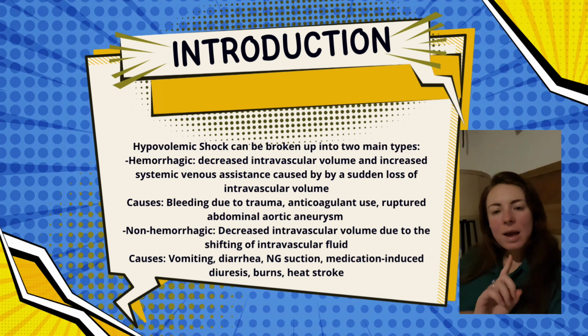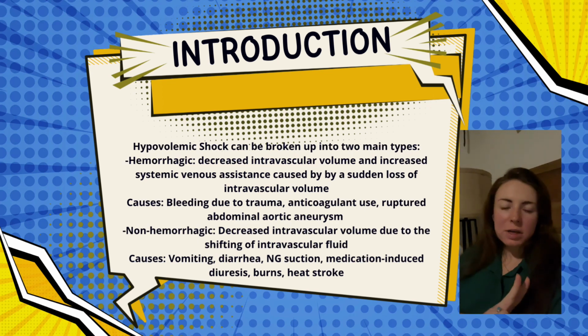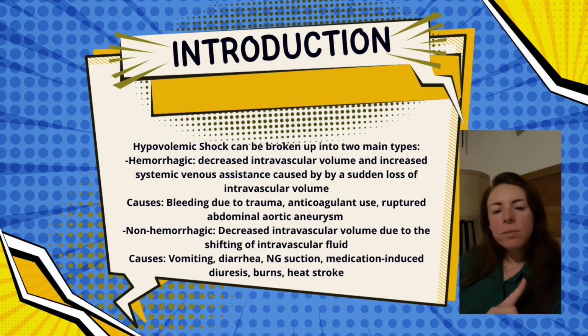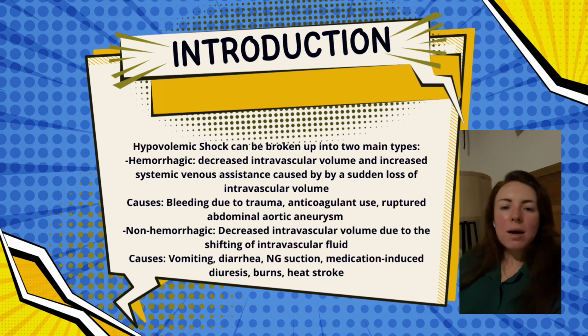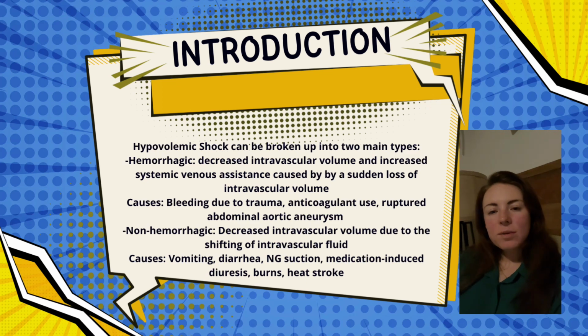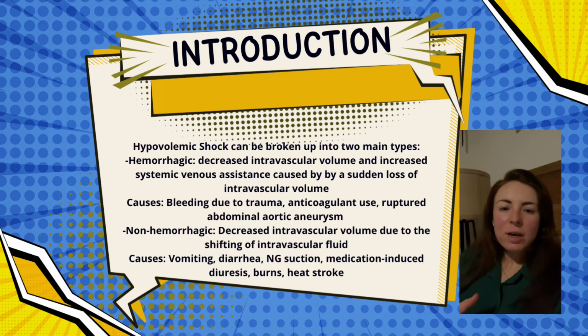We have hemorrhagic and non-hemorrhagic. When you think of hemorrhagic, think of bleeding due to trauma, excessive anticoagulant use, or maybe some other type of medication. So usually hemorrhagic, think hemorrhaging, right?